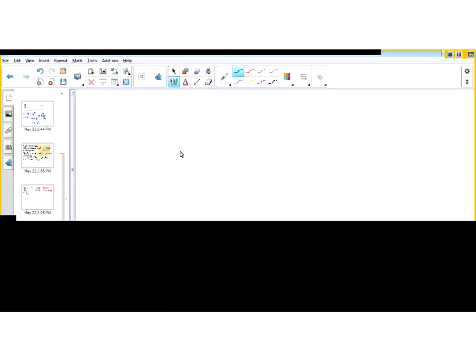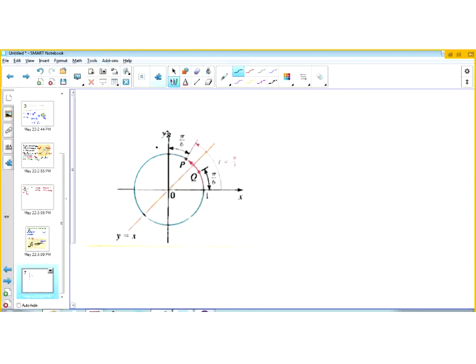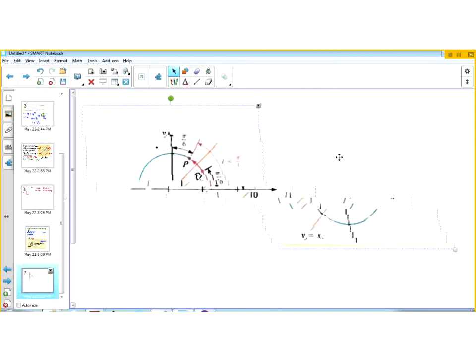Let me draw the picture first. Okay, so now consider this illustration.